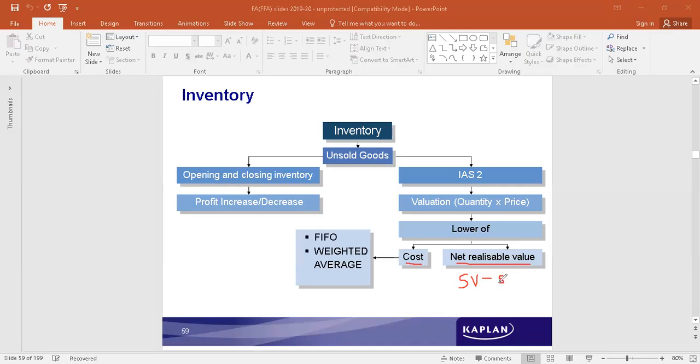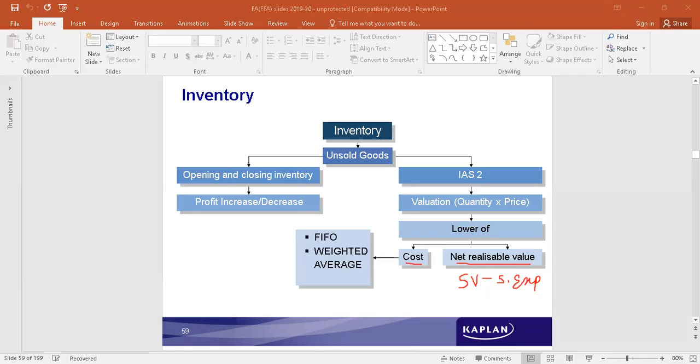Basically, we call them selling expenses. So for a sale transaction, the gross sale value minus the selling expenses gives us the net realizable value. Make a comparison between these two. Whatever is the lowest value will be the value of inventory if it is according to lower of cost or net realizable value.